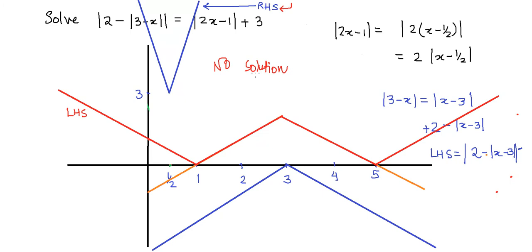So there are a total of 5 subcases to consider in the algebraic solution, all of which will give you no solution. It was a long method, so we worked it out using the graphical method, which is not such a long method, and that also tells you that there is no solution.